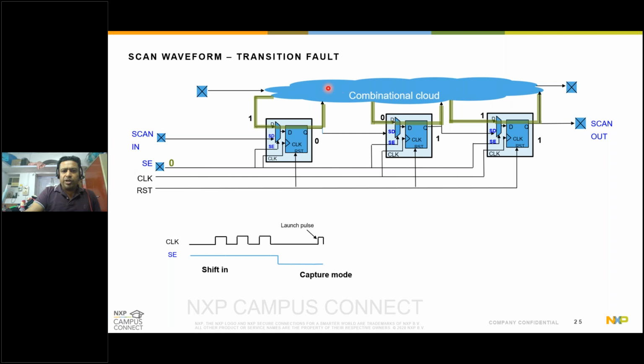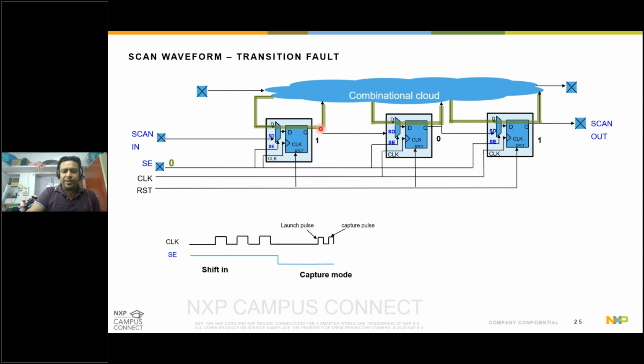Now, in order to capture my transition event, right, I need to provide another pulse, which I call as capture pulse. Okay, so this transition again gets propagated back to the input of this flop. And if I want to capture this event, I need to give another pulse, capture pulse, by which I would be able to capture my transition event on these flops.